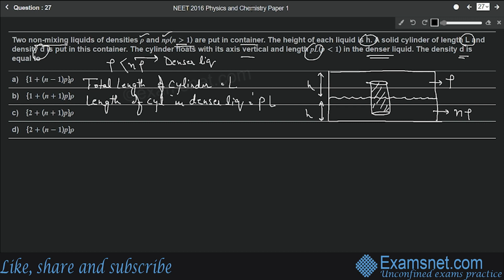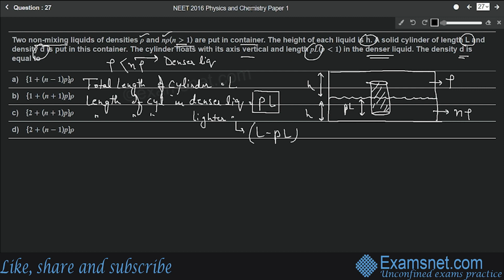It is given in the second last line of the question that the cylinder floats with its axis vertical and length PL in the denser liquid. So this length of the cylinder that is in the denser liquid is equal to PL. So what will be the length of the cylinder in the lighter liquid? It will be L minus PL, the total length minus the length that is in the denser liquid.